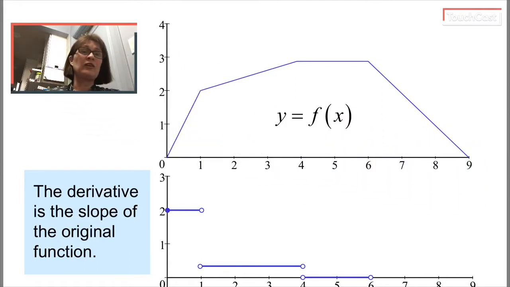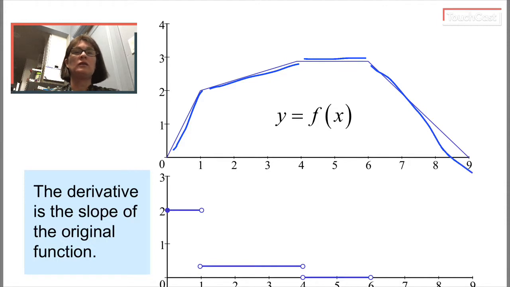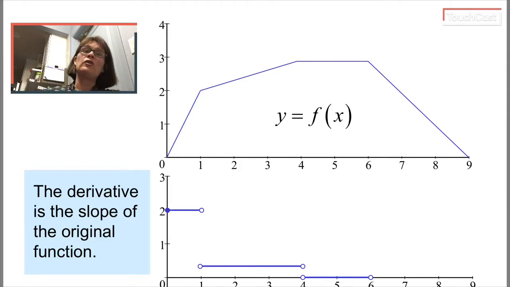So check this out. I have a function, f of x. It's piecewise and it's linear. It's made up of 1, 2, 3, 4 line segments, essentially. So, can I make a graph of the derivative? Well, since the function f of x is piecewise, the derivative we can also think of as piecewise.